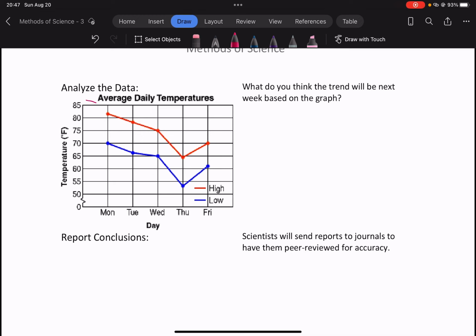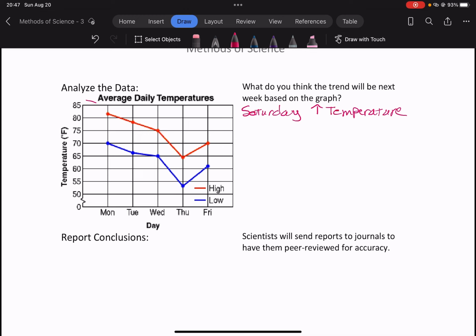So there's a lot of things we can look at. Me personally, I can see it trending upwards, so on Saturday we're probably looking at an increase in temperature. Next week, we're talking 3 or 4 days. I don't have enough data to kind of look at it, so I really can't make much of a prediction that far out.